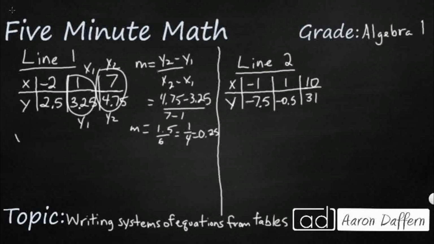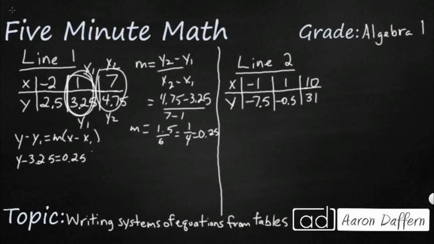Now we're going to need our point slope form. y minus y1 equals m times x minus x1, and let's just use that right there. So y minus 3.25, it's my y1. My x is going to be 1.